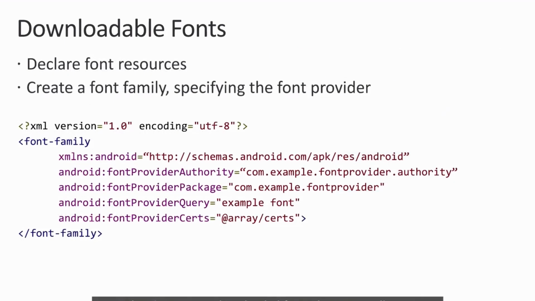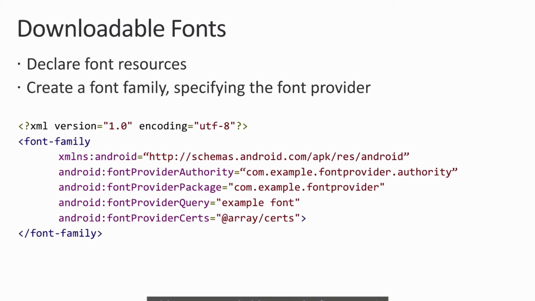Now, when it comes to downloadable fonts, there's actually two ways those are supported. One of them is you can just declare fonts to the app itself upfront, and then when Android starts your app, it will go ahead and download the fonts when the app starts up. The other way is to dynamically or programmatically download the fonts.